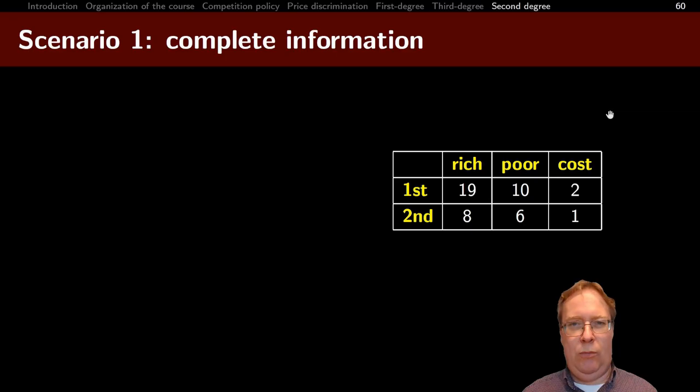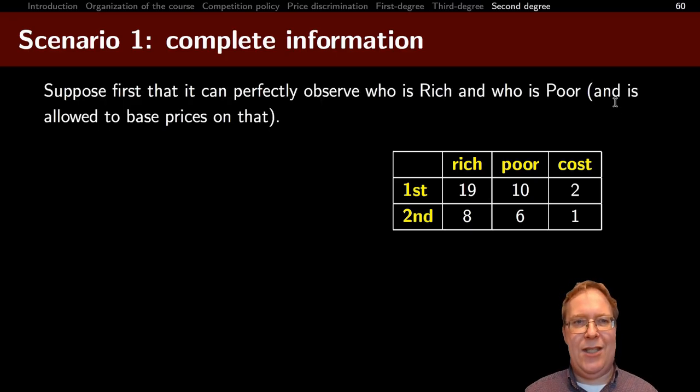Okay, so the easiest way forward is to first assume that there is complete information. So, in other words, suppose that the railroad company can perfectly observe who is rich and who is poor, and it is also allowed to base its prices on that.